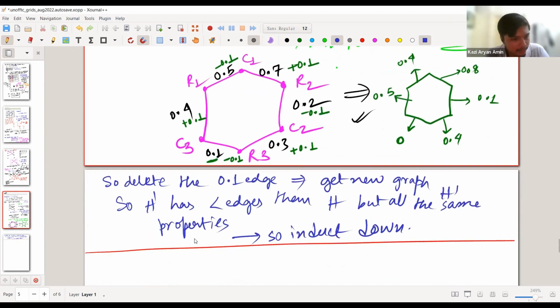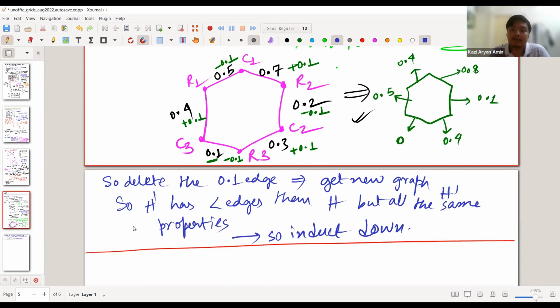When we delete 0.1, yeah, there you go. We are not adding 0.1 to all of its edges.